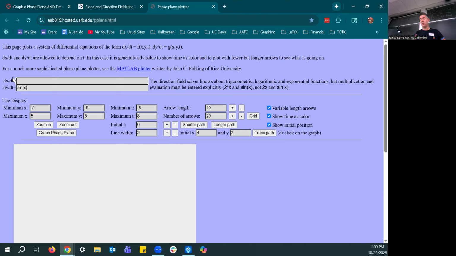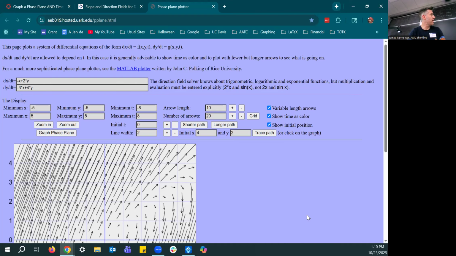For this one, for any multiple of x or y, you have to use the asterisk symbol for multiplication. So it's -1 times x, but -x is fine, plus 2 times y. And my other one here was -3 times x plus 4 times y. And then you graph the phase plane.